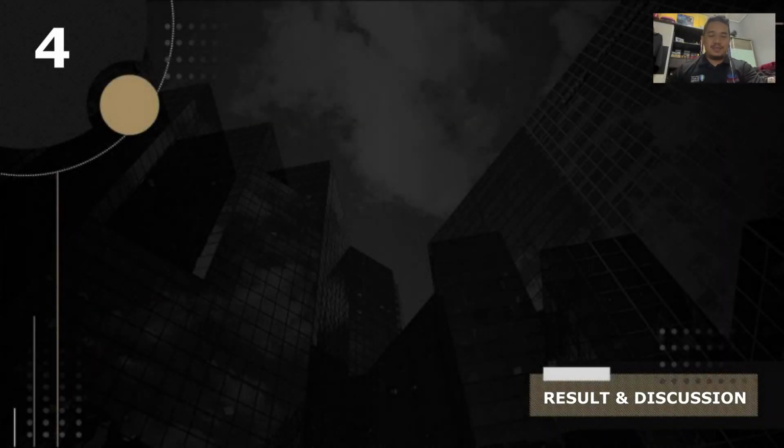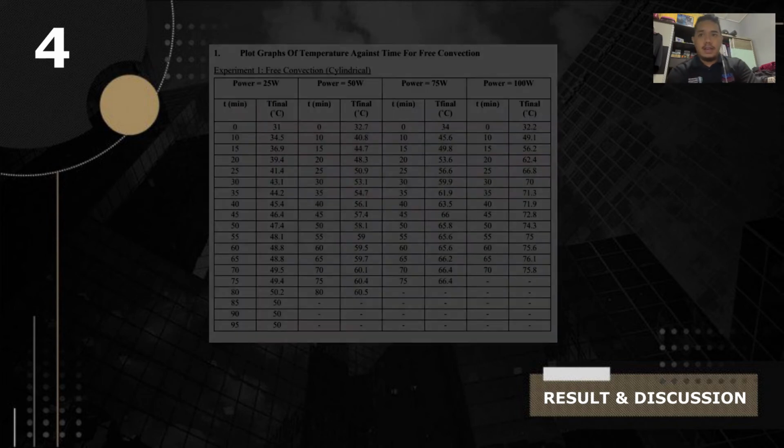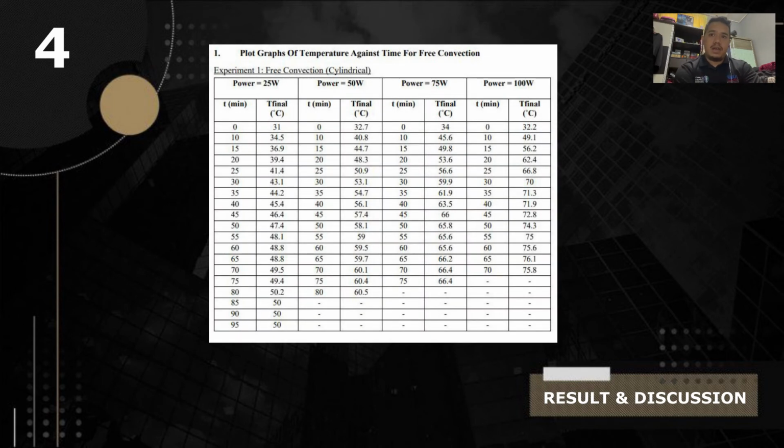Thank you, Muhammad Sofyan. Now I will continue to present the results and discussion. For results, first question, the plot graph of temperature against time for free convection. As you can see, this is the result for the free convection for the cylindrical.